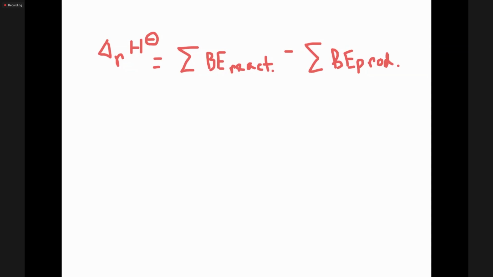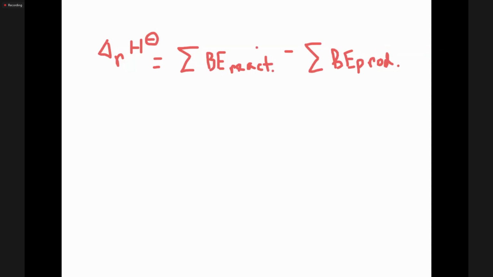This relationship is particularly useful when the required values of ΔrH are not available. The net enthalpy change of a reaction is the amount of energy required to break all the bonds in the reactant molecules minus the amount of energy required to break all the bonds in the product molecules. This relationship is approximate and is valid when all the substances, that is the reactants and products, are in their gaseous state.